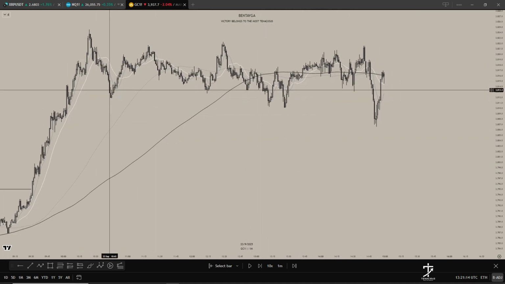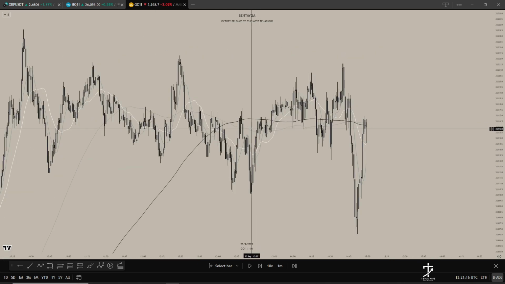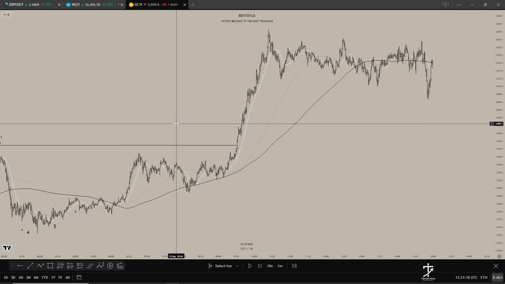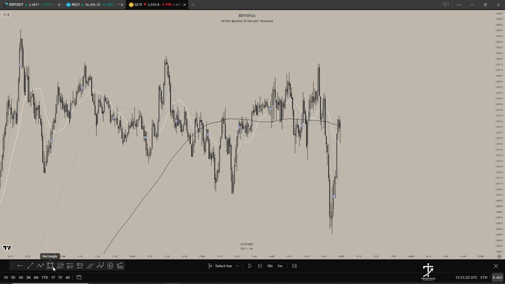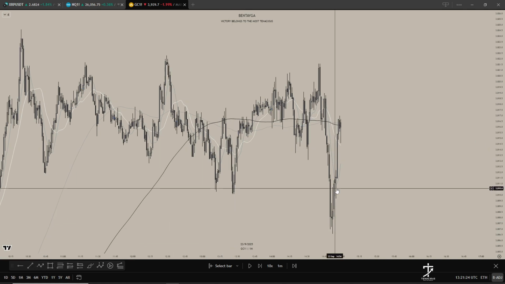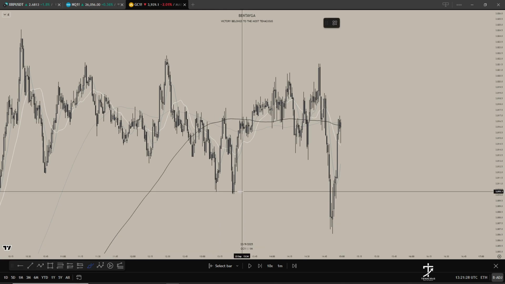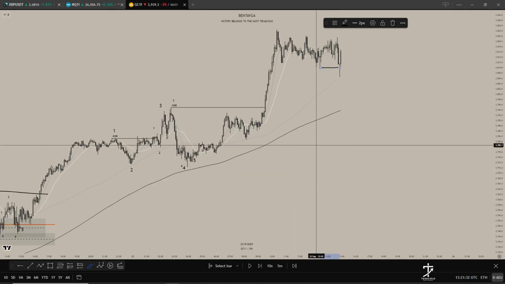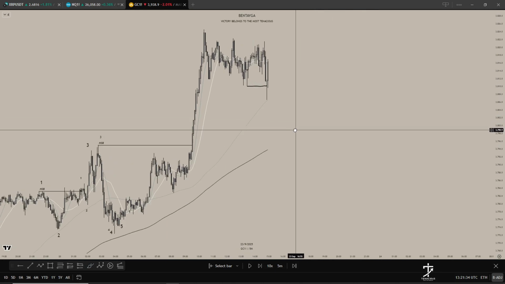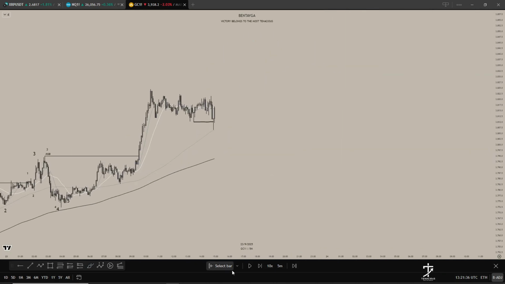Right now, if we're looking at structure properly, it looks like price is in a pullback phase. The reason why is because we have taken out this internal low. Internally we've taken out this low, so I could potentially expect some sort of pullback, and then I let price play out.